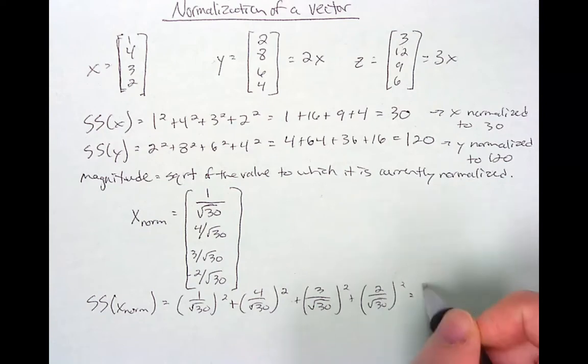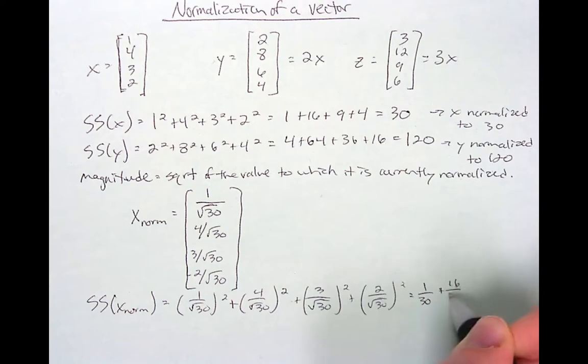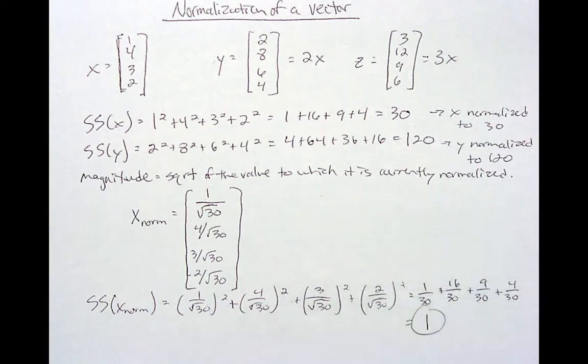Which gives us 1 over 30 plus 16 over 30 plus 9 over 30, plus 4 over 30, which is equal to 1. So the sum of squares of this normalized vector x is 1. So that's how you successfully normalize that.